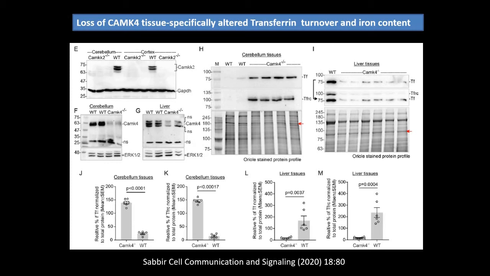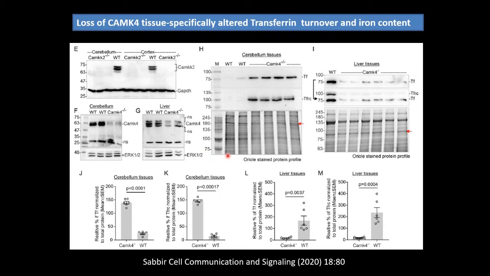Using the CAMK4 knockout mouse, it was found that loss of CAMK4 tissue-specifically altered both transferrin and iron content. The top left immunoblots show the absence of CAMKK2 or CAMK4 in CAMKK2 or CAMK4 knockout mouse tissues. Immunoblotting-based quantification of transferrin was performed using different mouse tissues, including brain and liver.